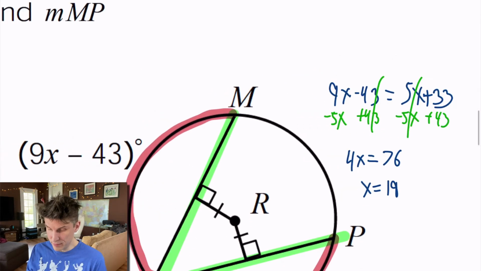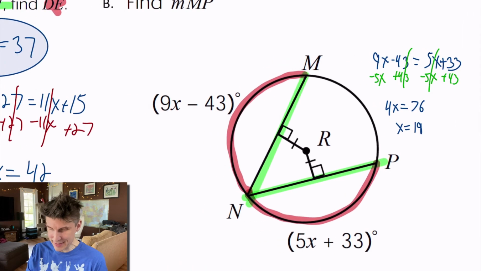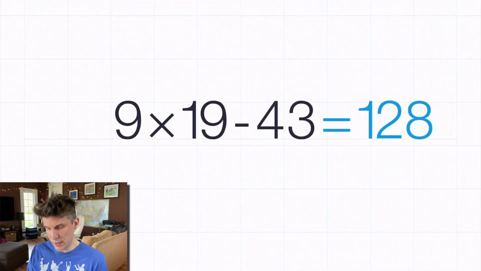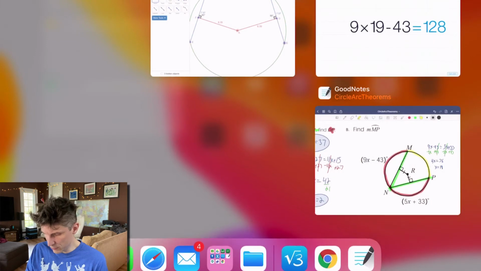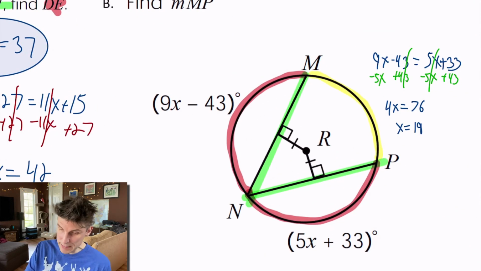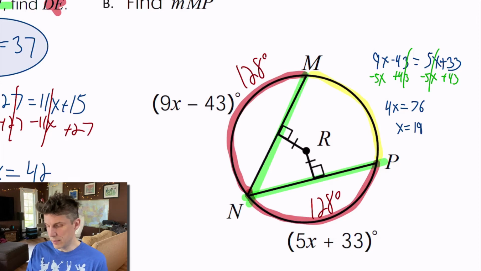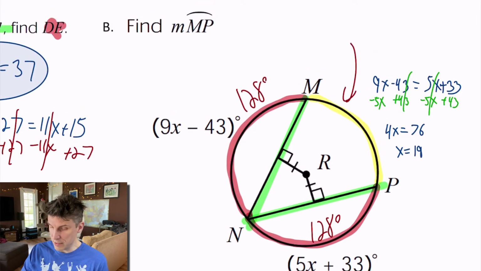So now we have x, but they did ask us for arc MP. Okay, so what we need to do is take x, plug it back in, and find out all the arc measures. So 9 times 19 minus 43 is going to be 128. So what that means is that this arc is 128 degrees. This arc is also 128 degrees. And the arc we're trying to find is going to be MP.